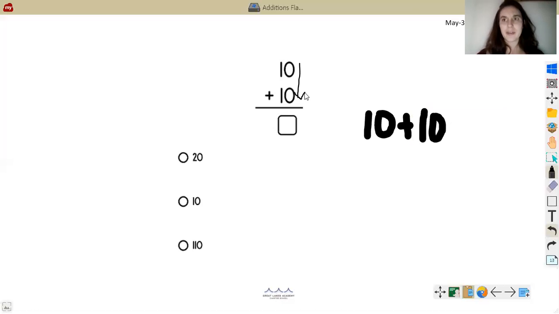So I know that if I have 0 and I add 0 more, I am left with the number 0. And then you want to go to this row right here and add these 2 numbers together. So I know if I have 1 and I add 1 more, I have 2. So my answer is 20.